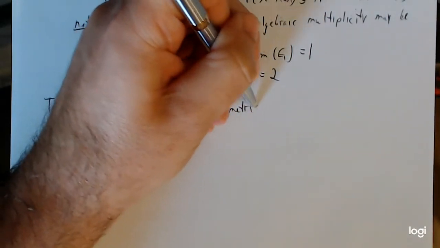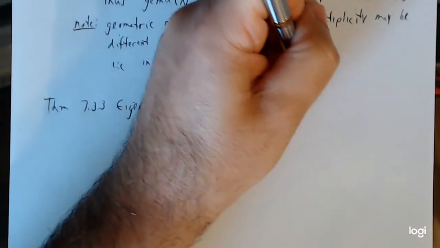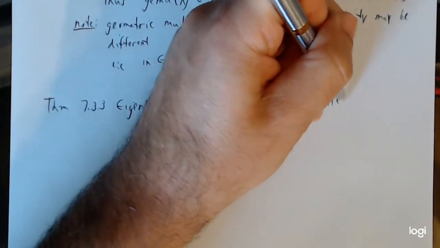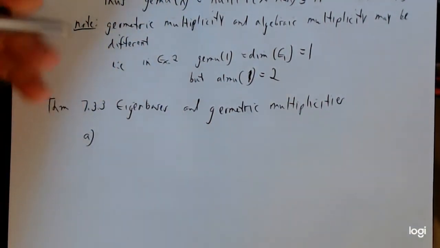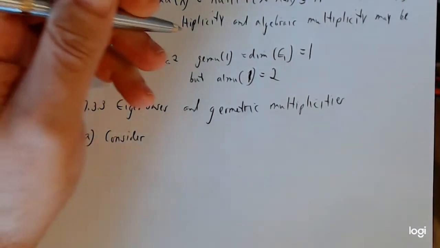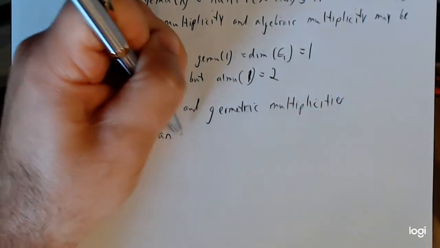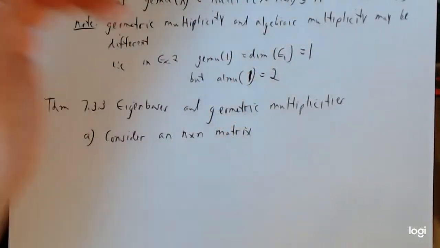So the first part says consider an n by n matrix A.